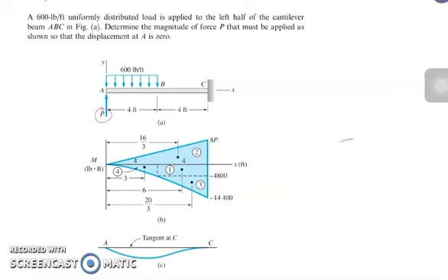So our force P is unknown. For this one, we are given the load diagram. This is our load diagram. We are also given the bending moment diagram.